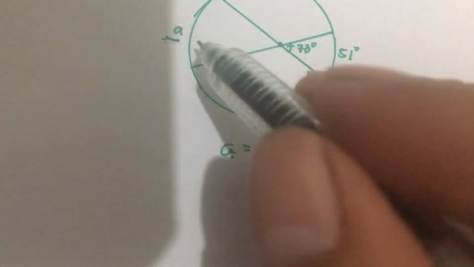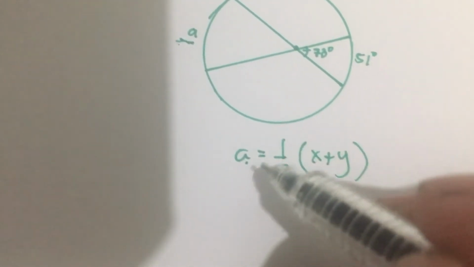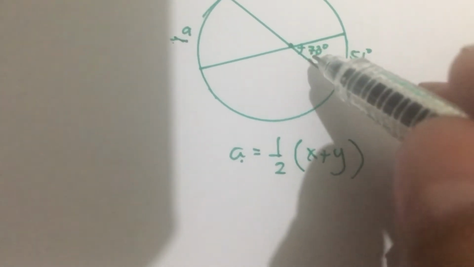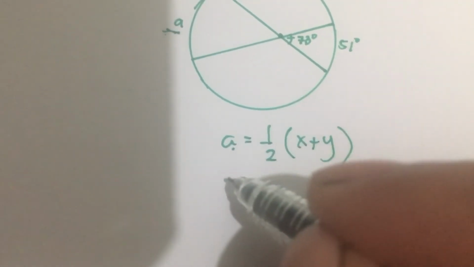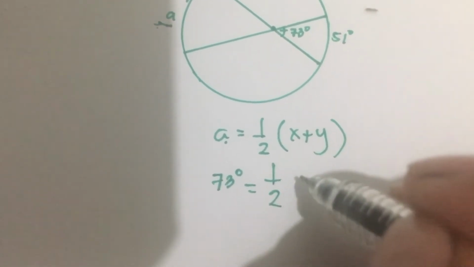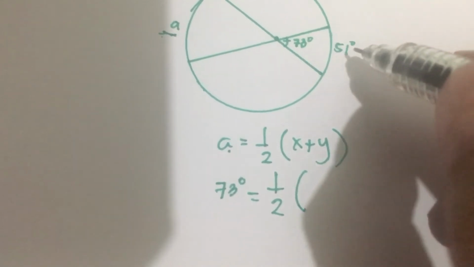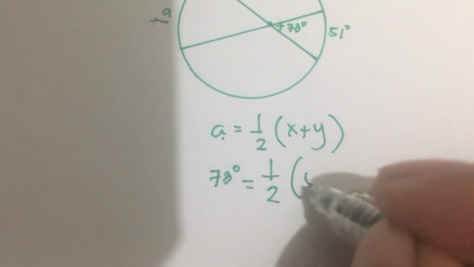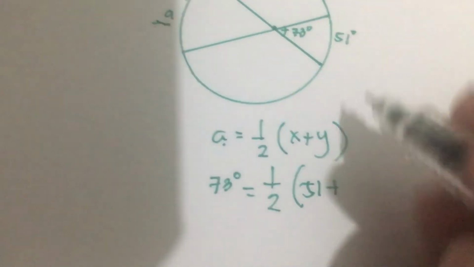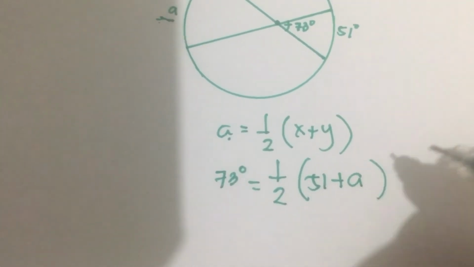Remember that your A is an angle inside the circle in the chord. Therefore, your A here is 73. Then copy 1/2, and your x is the smaller one, so you get 51, plus your A.